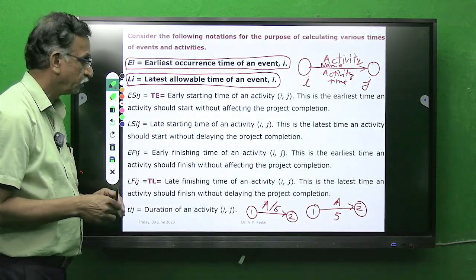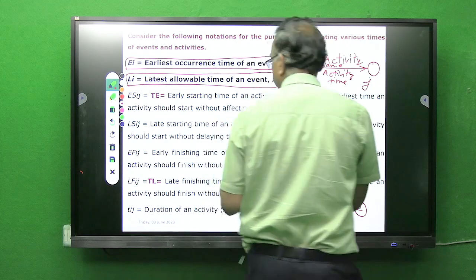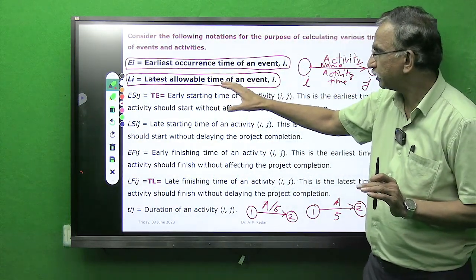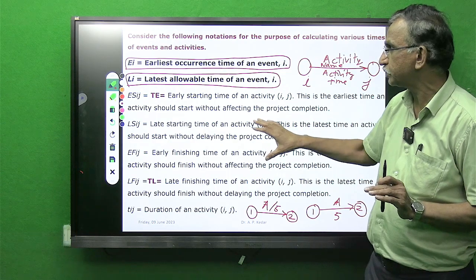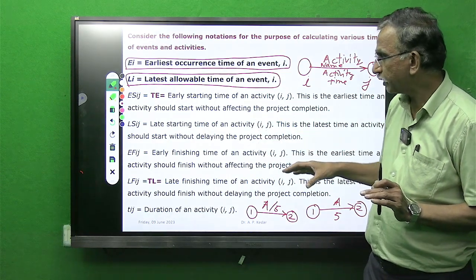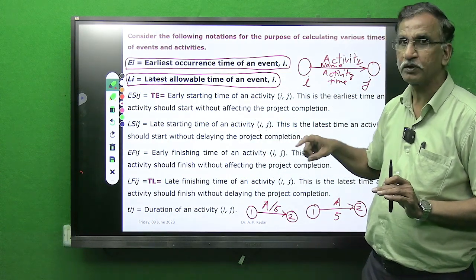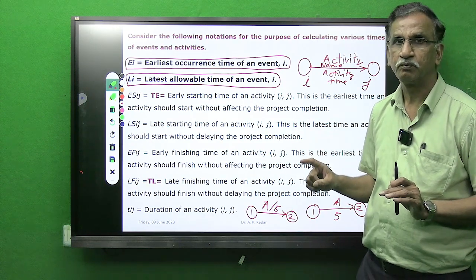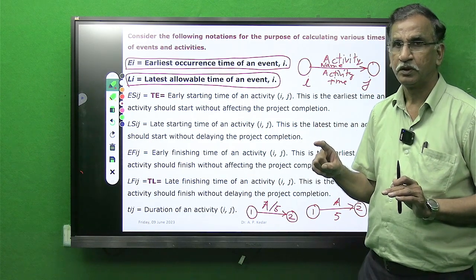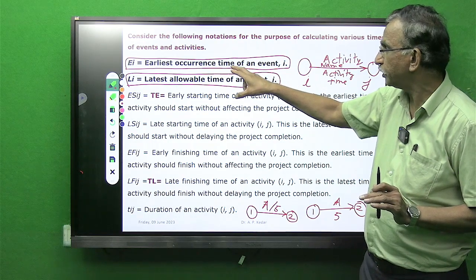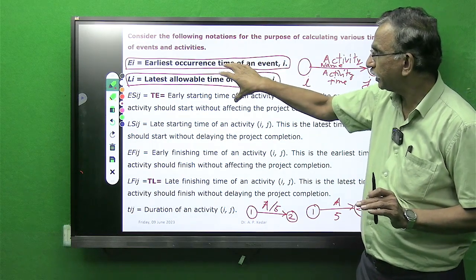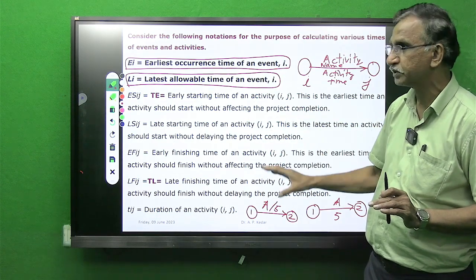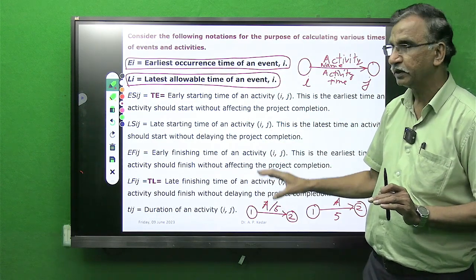Now, for this mathematical background, to understand the details of all these things which are the base for our calculation for PERT and CPM, unless and until we know the meaning of each and every term, we will not be in a position to understand the content.